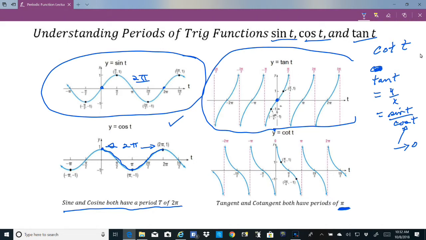It has a full cycle and goes back to pi. At pi, it goes back to y equals 0. This continues on and on. So remember, the period of tangent and cotangent are both pi.